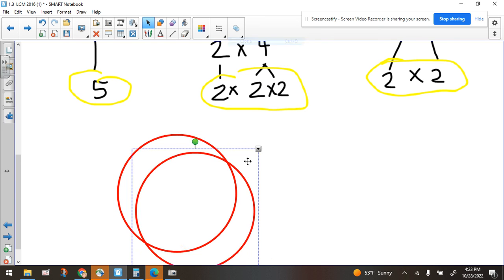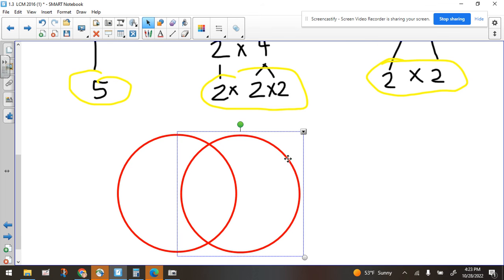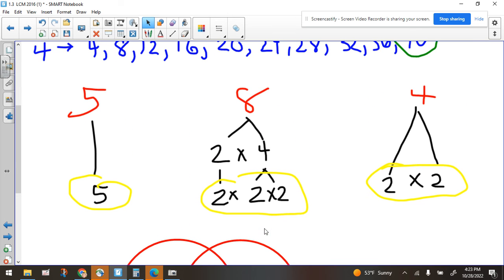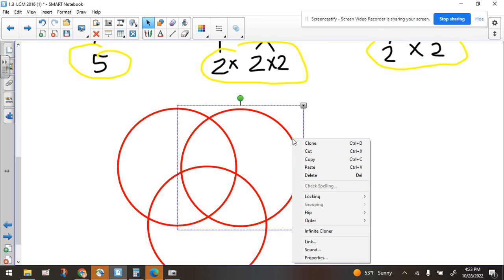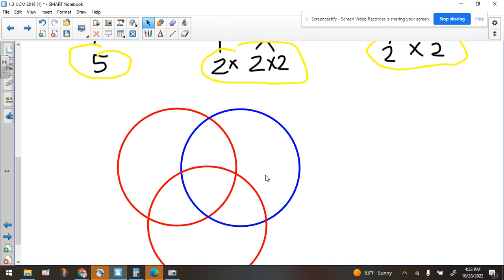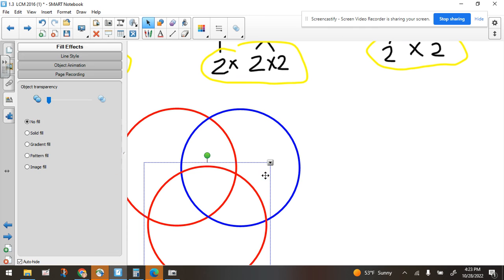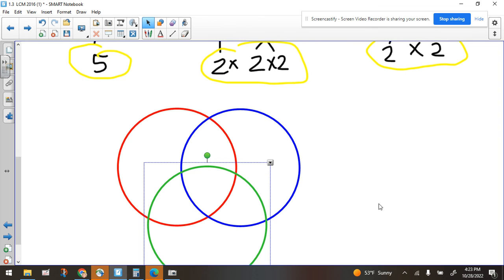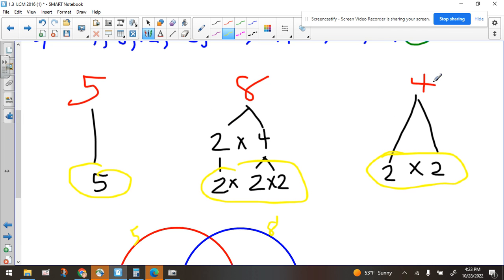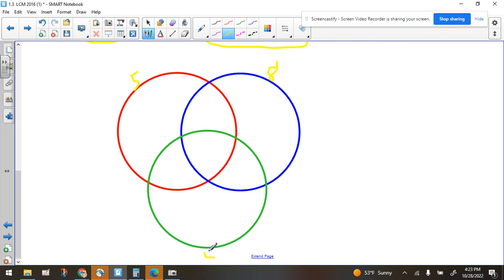Then I'm going to clone this circle and change the color, because this other circle will represent the prime factorization for the number 8, but I'm going to change the color of it to blue, because I think it'll make more sense why I'm doing this in just a second. And then we'll have this circle down here, which we'll make green. So the red circle represents the prime factorization for 5. The blue circle represents the prime factorization for 8. And the green circle is going to represent the prime factorization for 4.